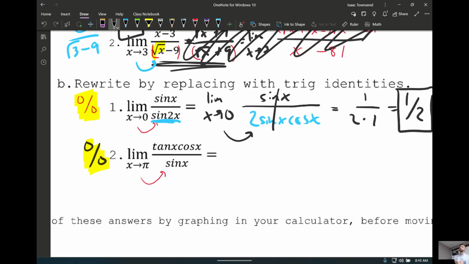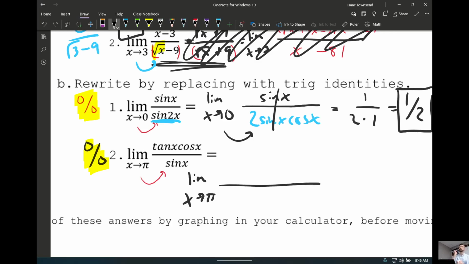So for trig questions, just be careful with the unit circle. If you accidentally say this is 1 instead of 0, or this is 0 instead of 1, then of course that's going to throw everything off. Okay, same thing with this one. Factoring doesn't look good, conjugates don't look good, but there is a trig function, so I can probably make some kind of trig substitutions.